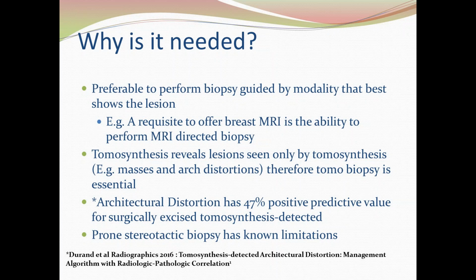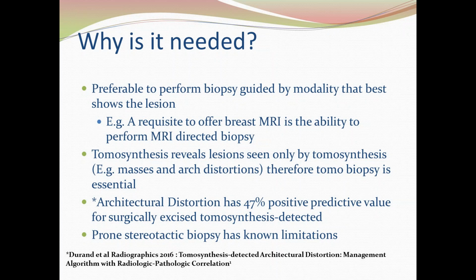In the old days, we did not have a way of doing breast MRI directed biopsy, and so we did second look ultrasounds and other ways. But that was not optimal. So once tomosynthesis came about, we needed to be able to biopsy lesions that we could only see with tomosynthesis.